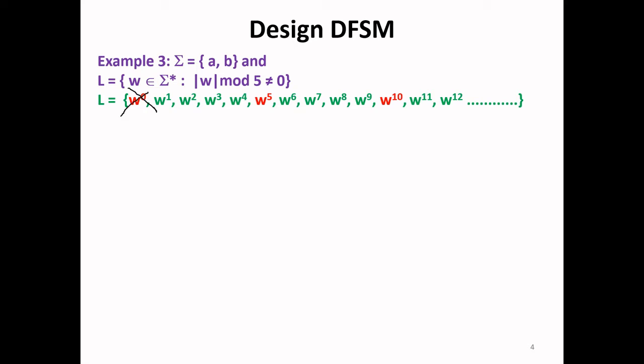W raised to 1, string length 1, 1 mod 5 is 1, which is not equal to 0. This is accepted. Next, w raised to 2, accepted. W raised to 3, accepted. W raised to 4, accepted. Coming to w raised to 5, 5 mod 5 is equal to 0, whereas in this language it must not be equal to 0. So w raised to 5 is not accepted.